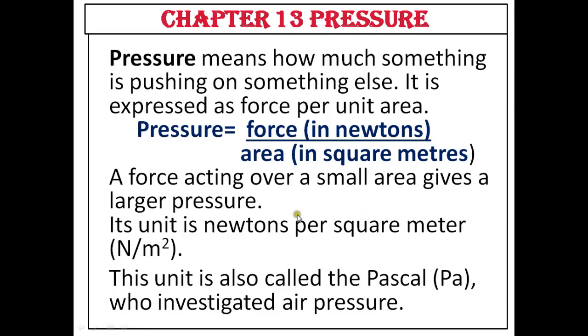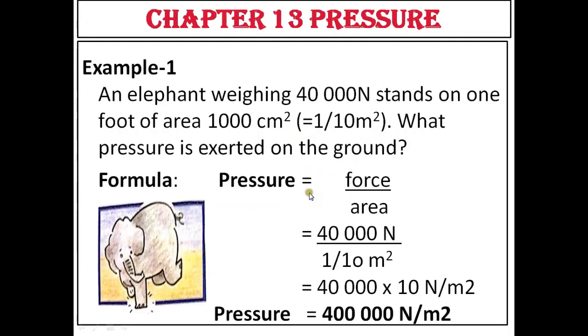Based on this we are going to see some examples, in which we will see how a force acting over a small area gives a larger pressure. So let's see the first example, example 1.